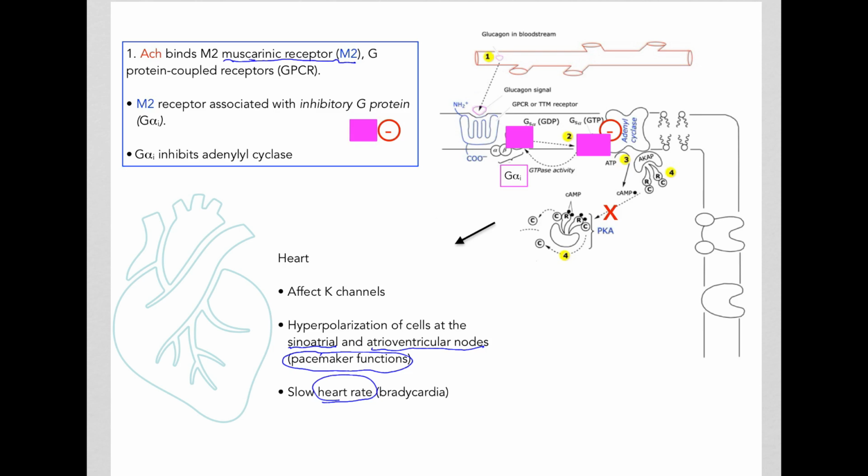So these cells have these M2 muscarinic type 2 receptors on the surface of the cells.